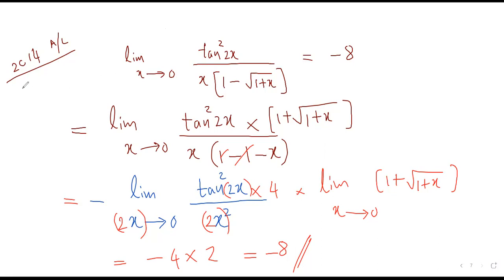Right, what about 2014, is it okay? Tell me, hurry up, or shall we go for the next one, 2015? This is somewhat difficult. You can do it using the formula or using another method.